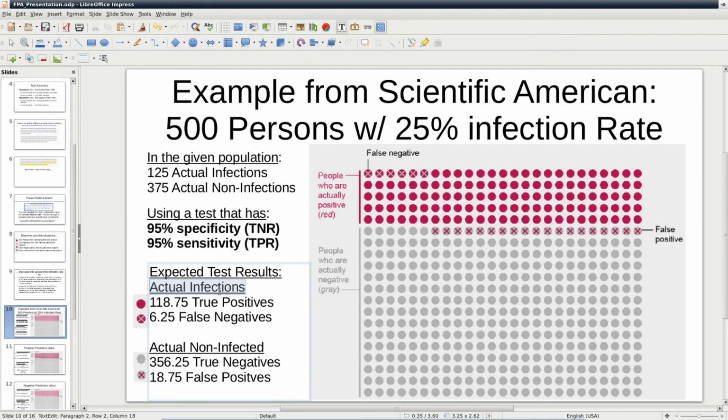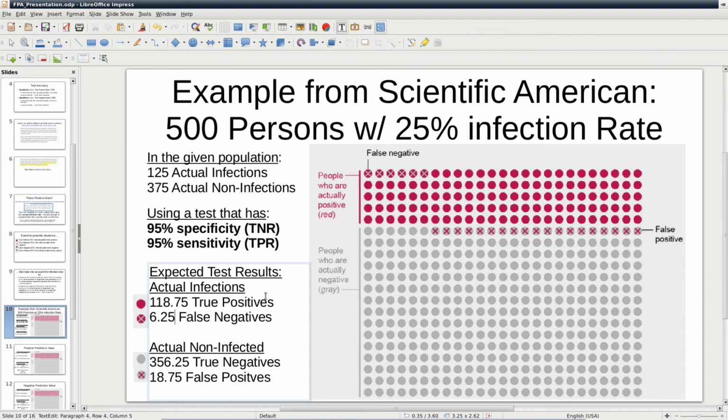We have a true positive rate of 95%, so 95% of these 125 are true positives. That's represented by the solid red dots here on the diagram. If you count these up, there should be 119 here. And then the other 5%, 6.25, those are going to be false negatives.